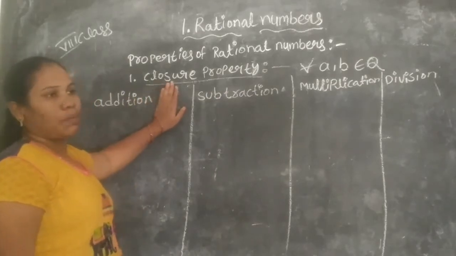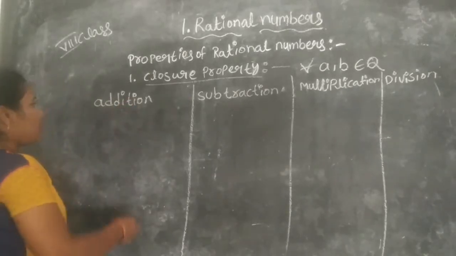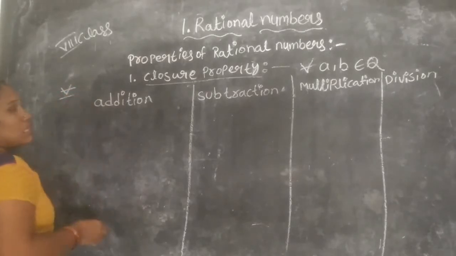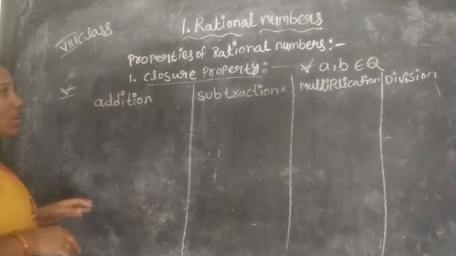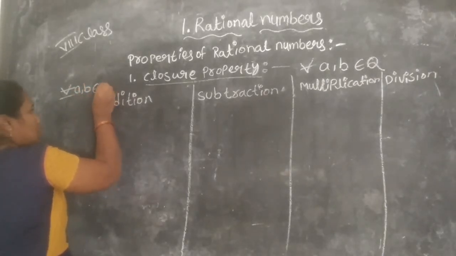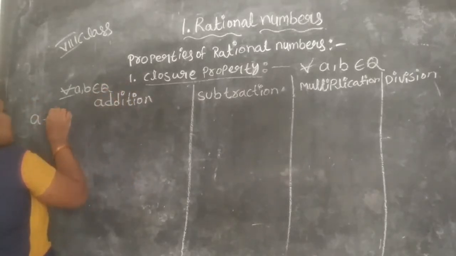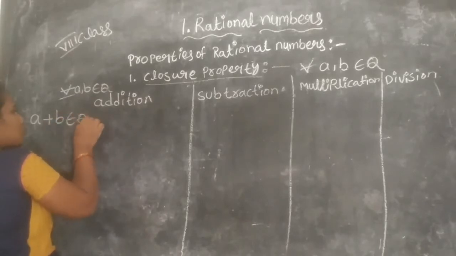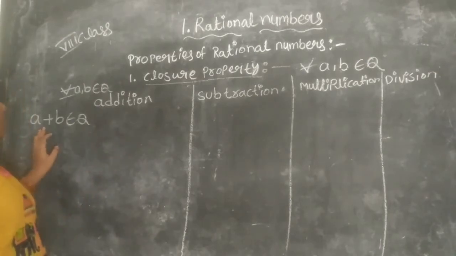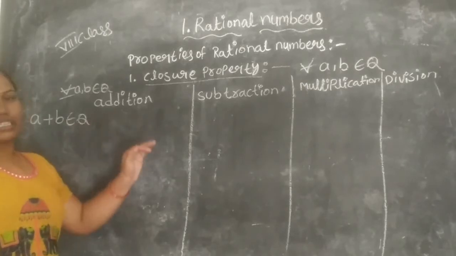This closure property, first under addition. What is the formula for addition? For all, this symbol means for all, it means all the numbers. For all a comma b belongs to Q, a plus b belongs to Q. So suppose a and b are rational numbers, if we add a plus b, the sum is also a rational number.